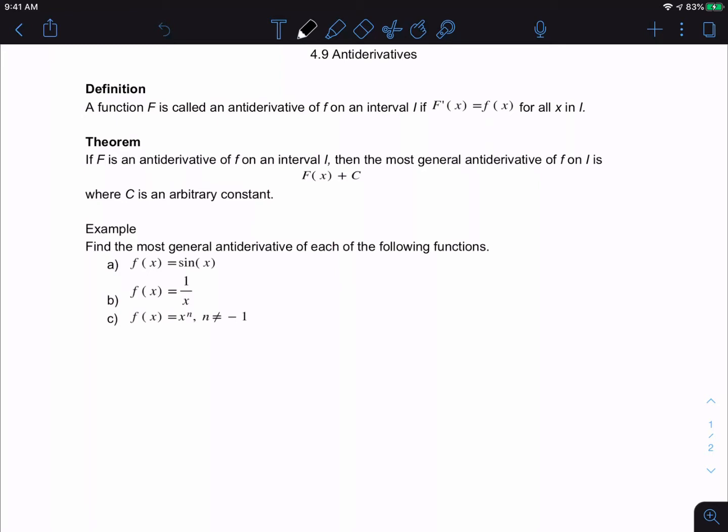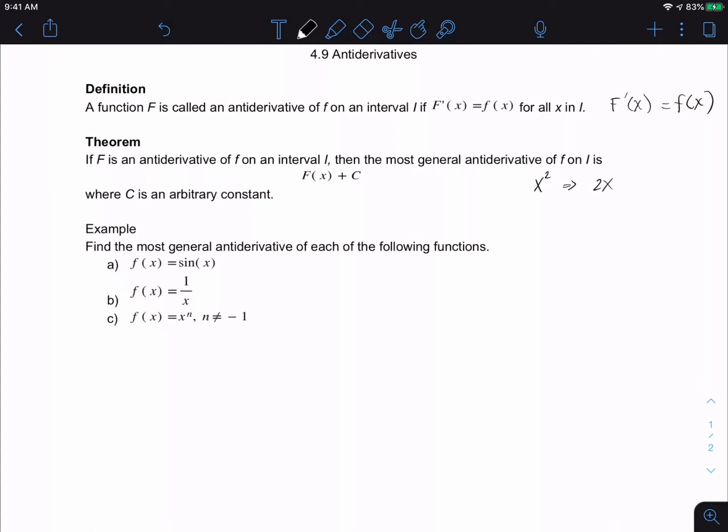In essence, this is saying that if I have some function, some capital F function, and take its derivative, it's going to be equal to some other function. The theorem right below there is going to be a better example of it, where we add the constant. So let me show you a function. If our function was x squared, we know that the derivative of x squared is 2x.